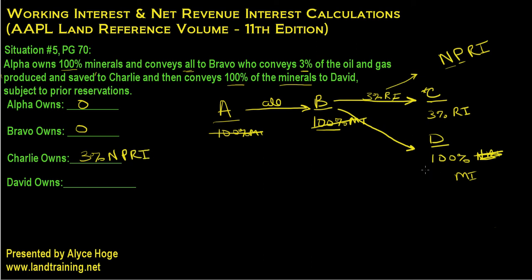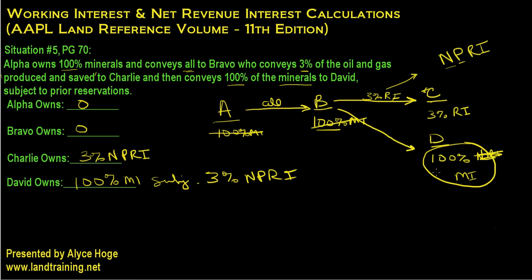And that leaves David, who now owns 100% of the minerals, subject to this 3% non-participating royalty interest.